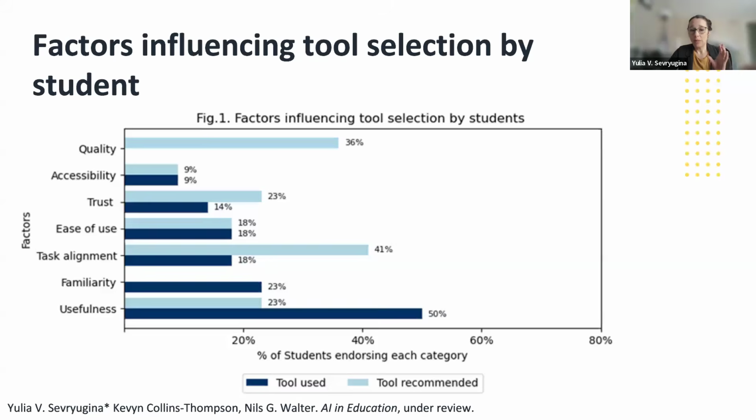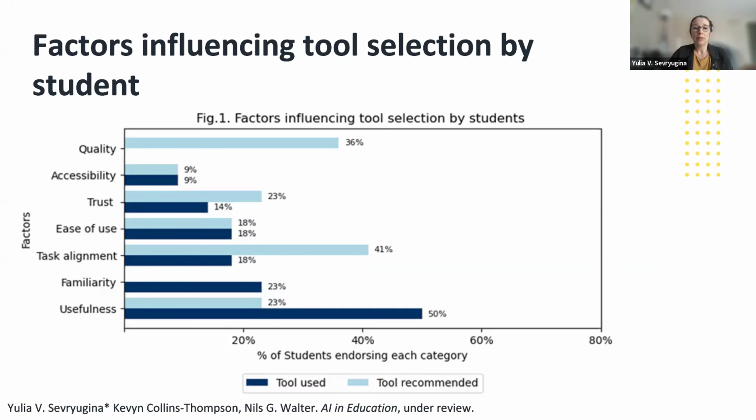So in terms of what they really used in the class, what seemed important was how useful the tool was and how familiar they were with that tool. Now, in terms of recommending a tool to someone else for future years, they really thought about the quality of the output that this tool could produce, and as long as there is some sort of task alignment, so the tool is good for that specific task.